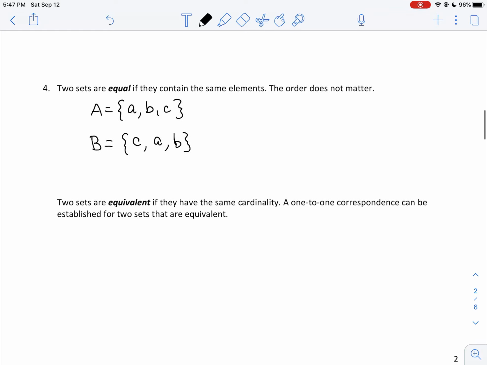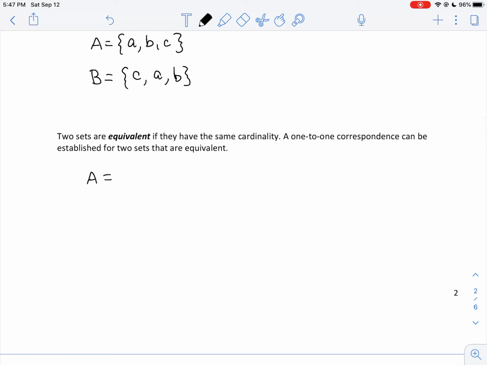So if you had a set A equal to, again, A, B, C, and a set B was something unrelated to A, B, C, like 1, 2, and then a star, right? Doesn't really matter what they are. It doesn't matter that the elements are the same or not. They both have cardinality 3.